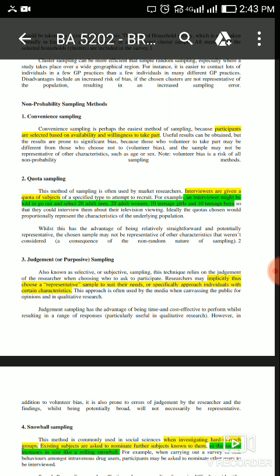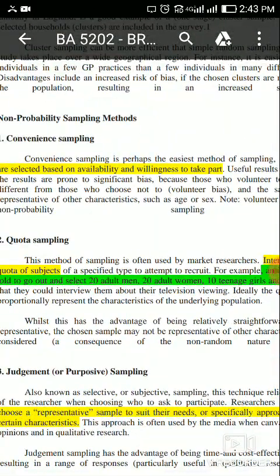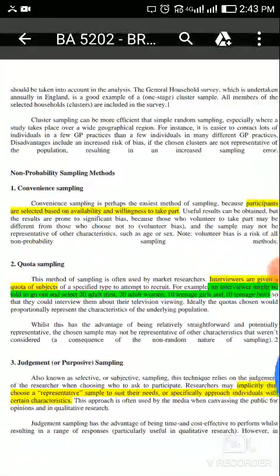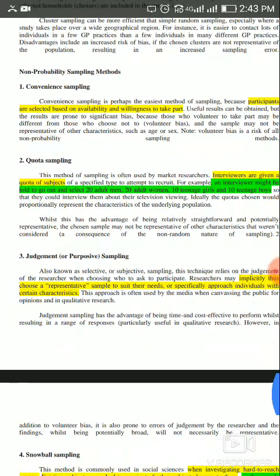Here, participants are selected based upon availability and willingness in the research work. For example, if a researcher feels that particular people match his study, he can take those people as a sample for his studies. That is called convenience sampling.